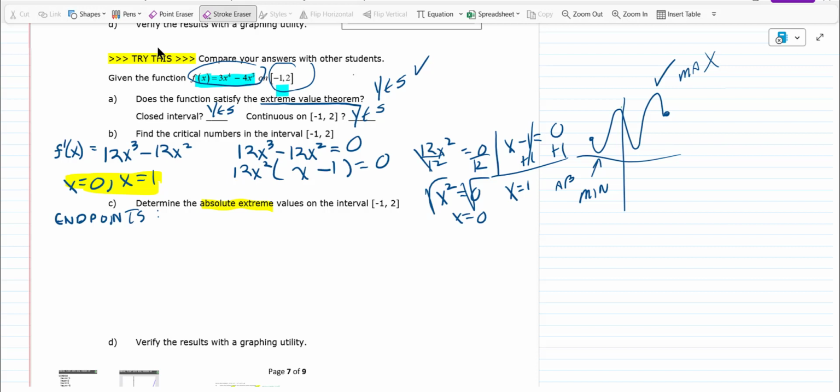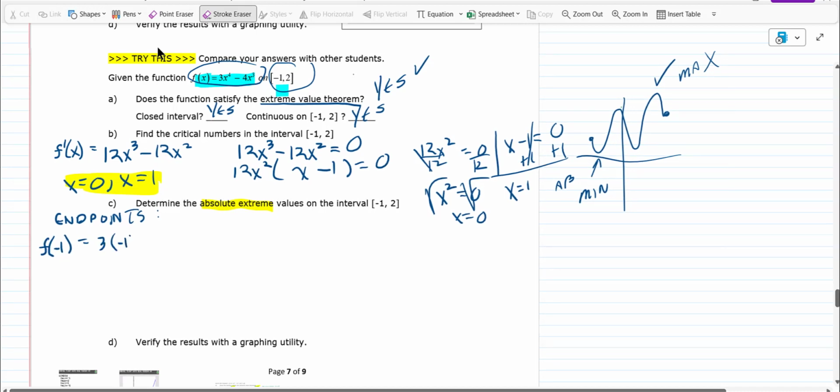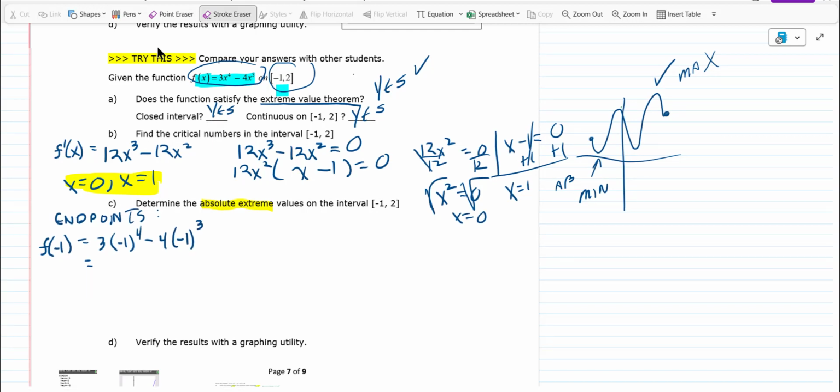So you just want to do f of -1, plug that in and calculate. That'll be 3 times (-1)^4 minus 4 times (-1)^3. That looks like 3 times 1 minus 4 times -1. So that is 3 plus 4, that is 7.